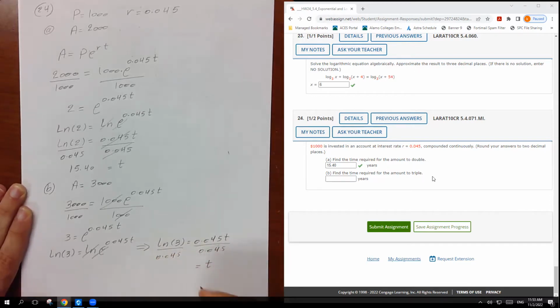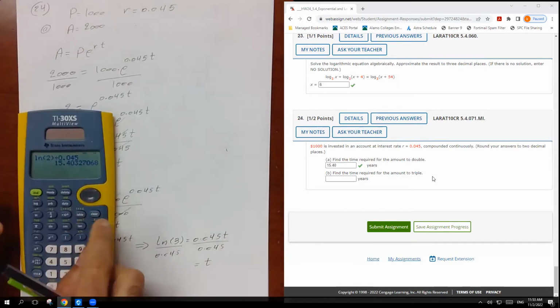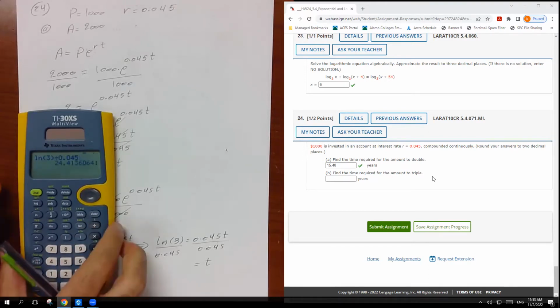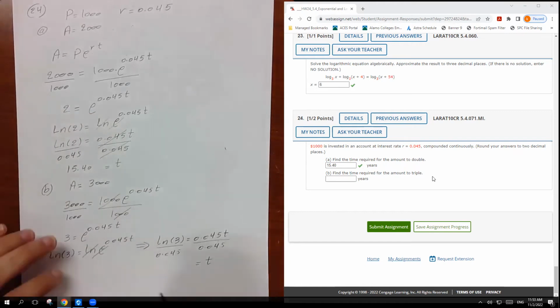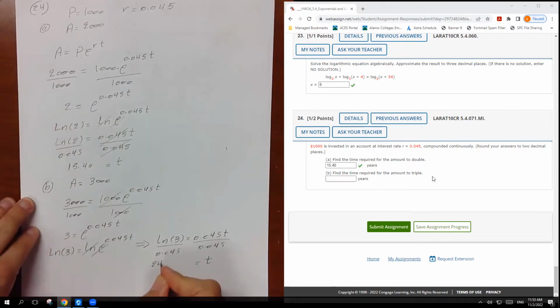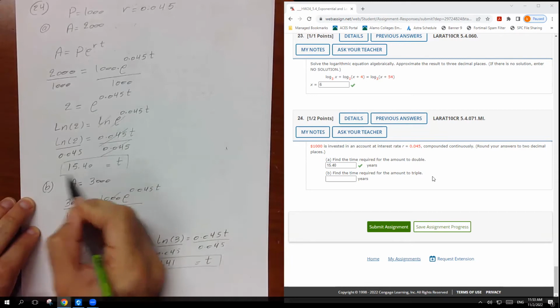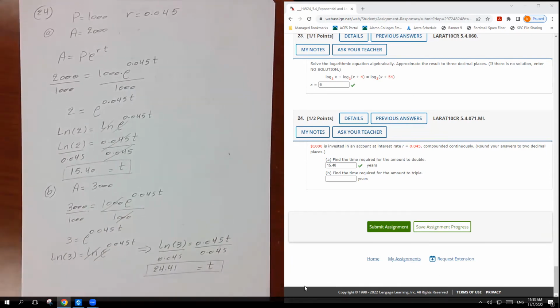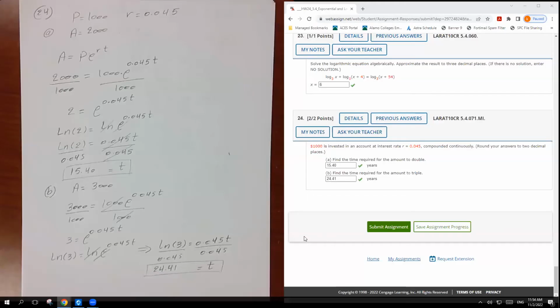That means t is going to be equal to ln of 3 divided by 0.045. It's going to be 24.41. And here's the first one. Here we go. We got it. That's it for section 5.4.